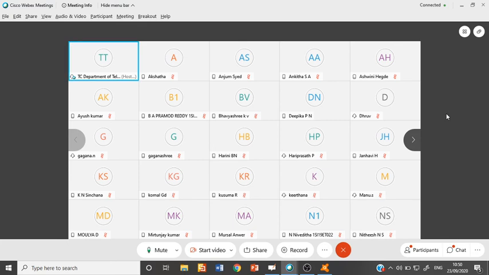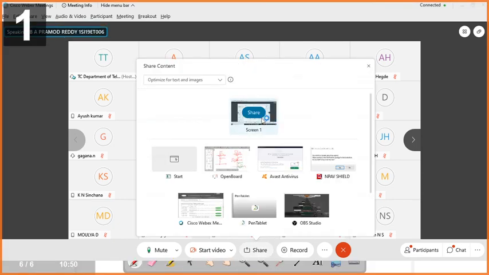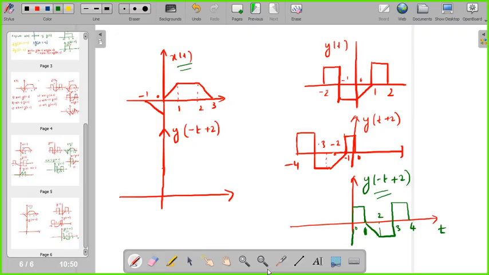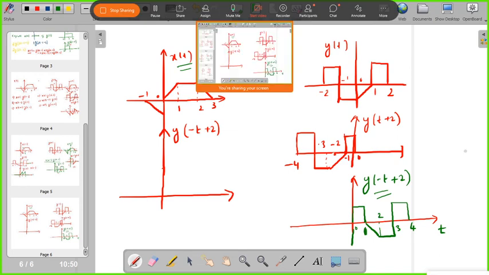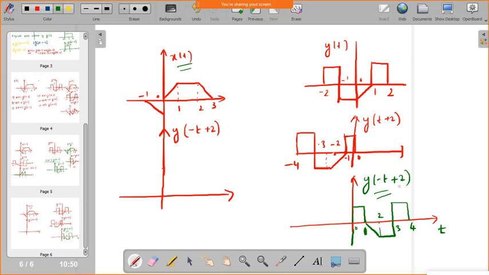Hello? Bhavyashree? I got it, sir. Yes, Bhavyashree? Yes, sir. Pramod? Sir, it is reflected. Okay, so you got this result, whatever we have shown now. Yes, sir. Okay, so now multiply this one. So multiply and write the resultant signal.